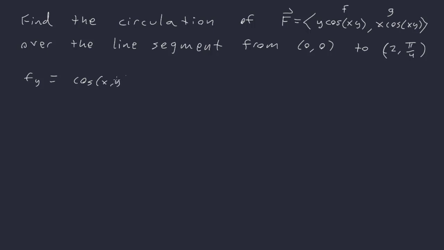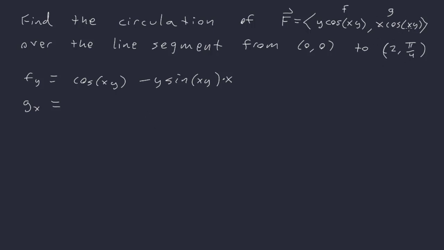It will be cosine of xy left alone, because the derivative of y is 1, plus y left alone times the derivative of cosine, which will be negative sine of the stuff times the derivative of the stuff, which will be an x.